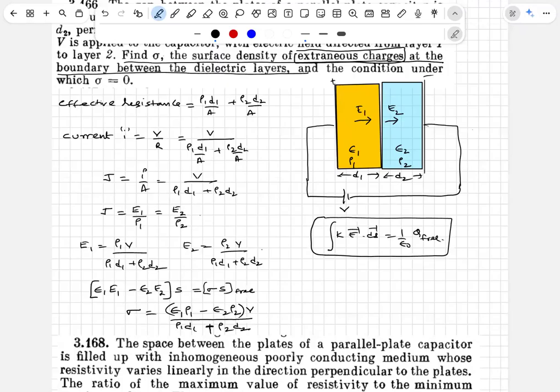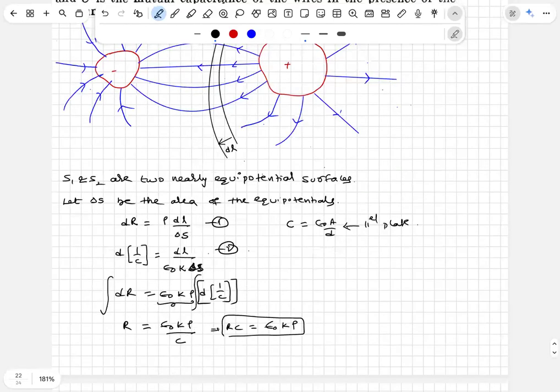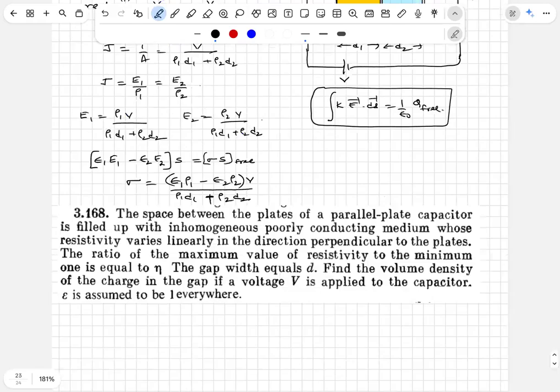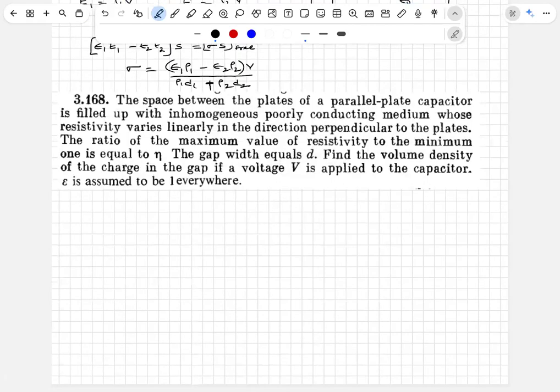Because I don't know the capacity of the arrangement. Small portion I know, not full volume. That's the problem. Portion capacitance we have considered. Yeah, please work on this immediately.